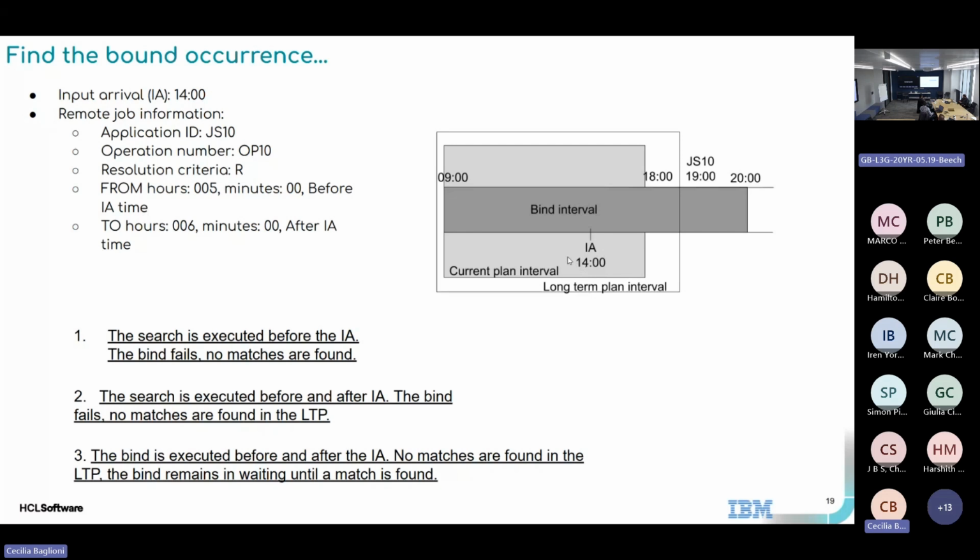Second, the search is executed before and after the input arrival, but the bind fails because no matches are found in the long-term plan. Number 3, the search is executed before and after the input arrival, but no matches are found in the long-term plan, and the bind remains in waiting status until a match is found. Which is the correct answer?